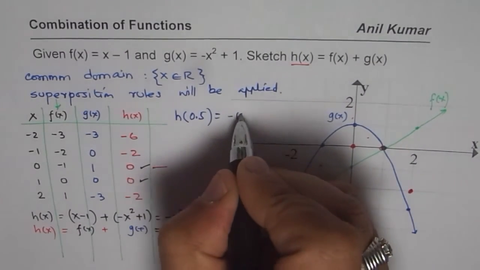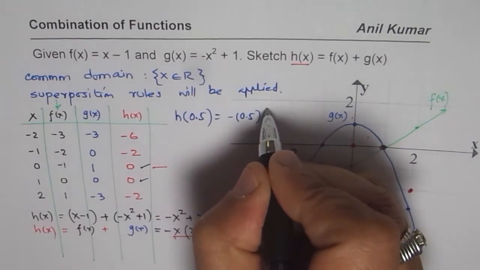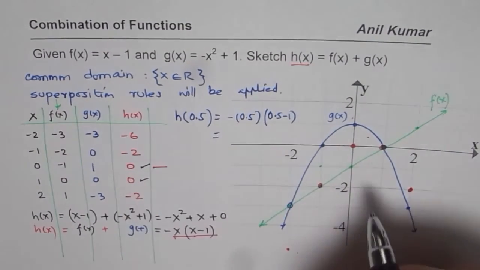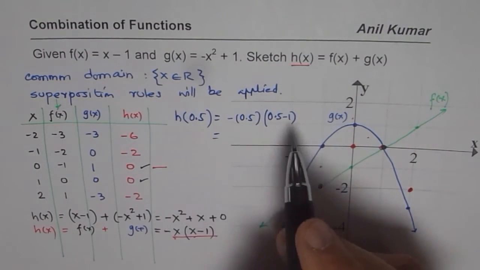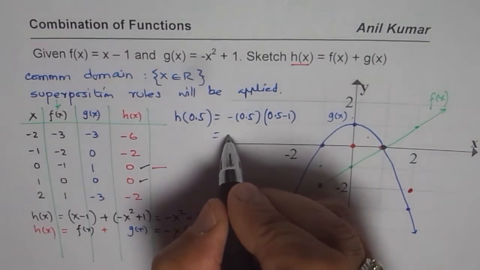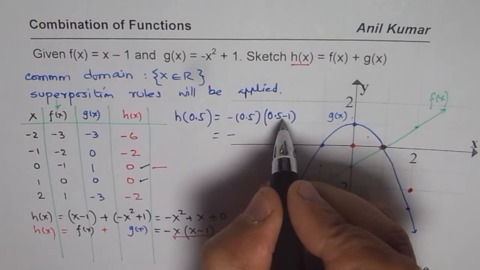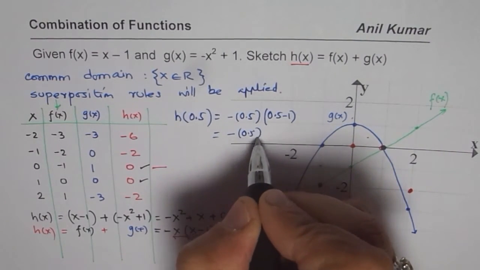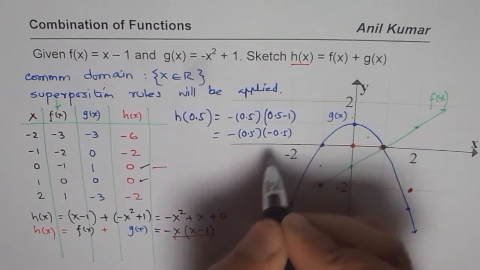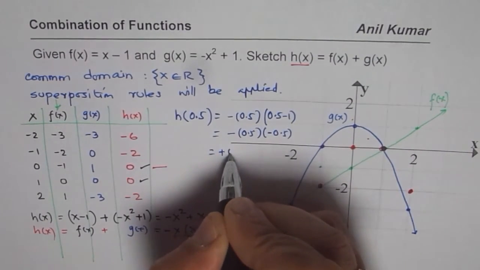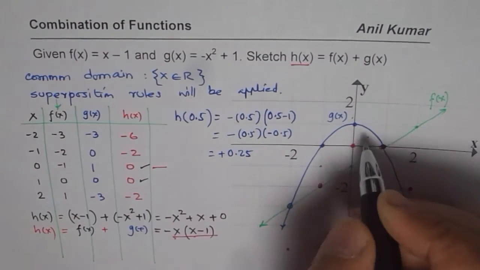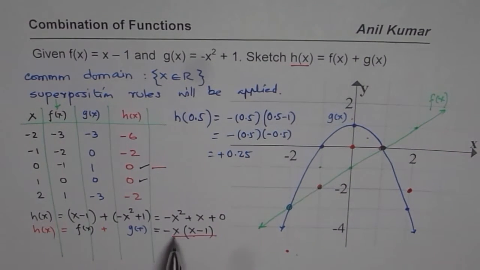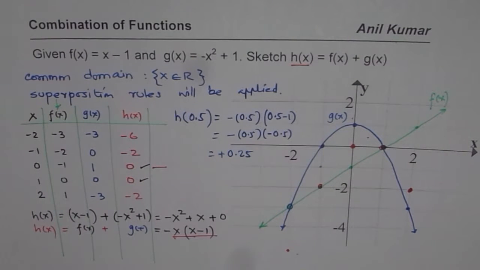We get minus 0.5 times 0.5 minus 1, right? 5 times 5 is 25. This is minus and minus, that becomes minus 0.5 times minus 0.5, which will give you plus 0.25, correct? So slightly above, so that is your maximum value in the center of these two x-intercepts.